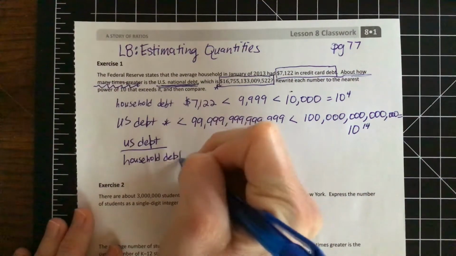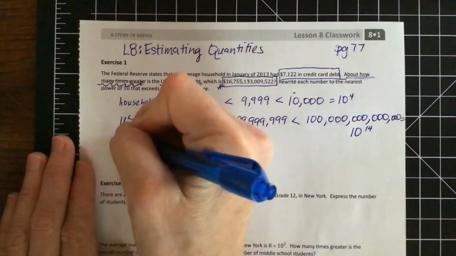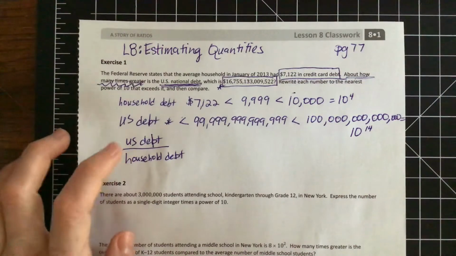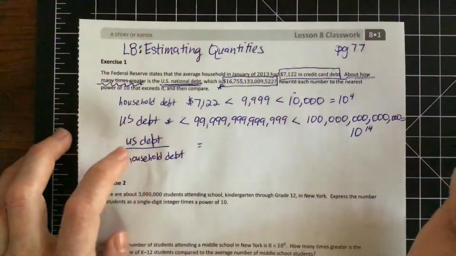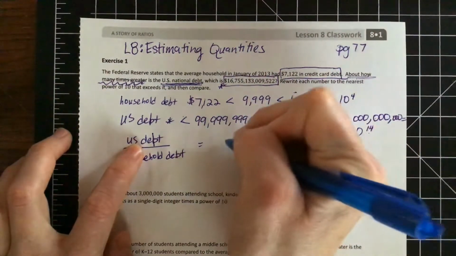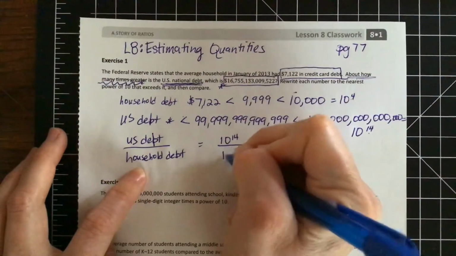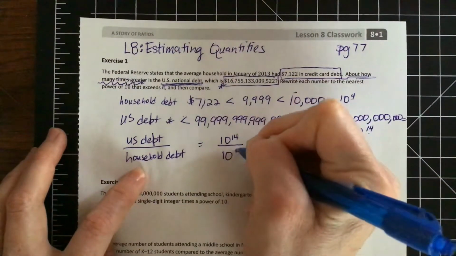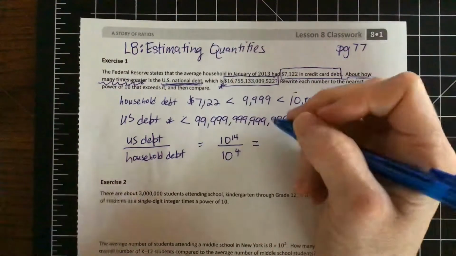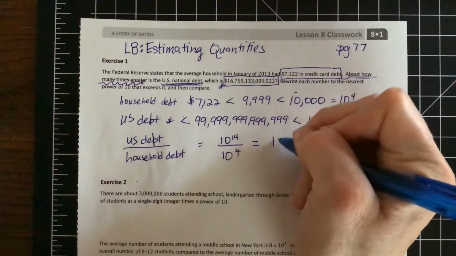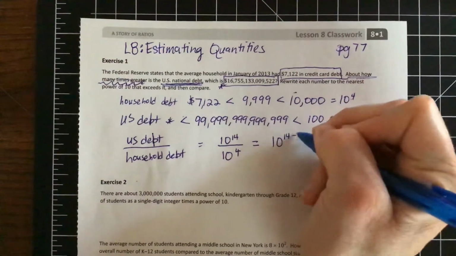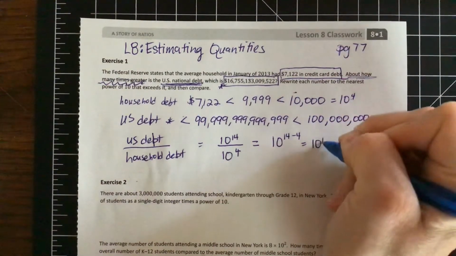And so if you recognize that in a problem, you recognize the ratio, it helps you set it up: the U.S. debt, which is 10 to the 14th, divided by the household debt, which is 10 to the 4th. And now you can use the quotient law. So this is going to be 10 to the 14 minus 4, which is 10 to the 10th.